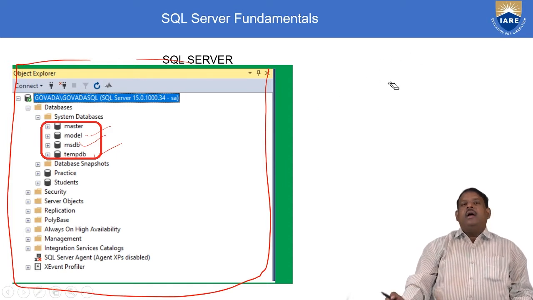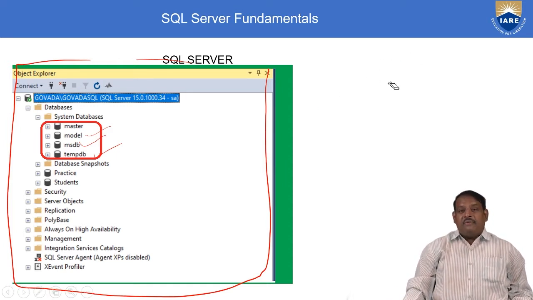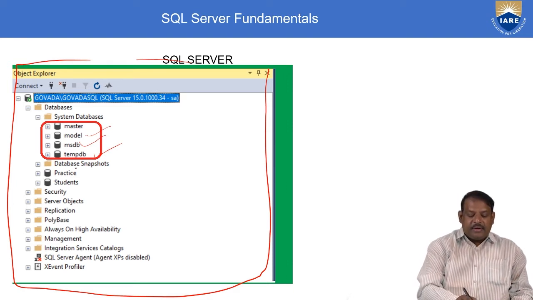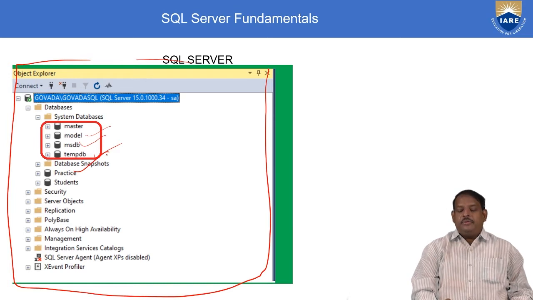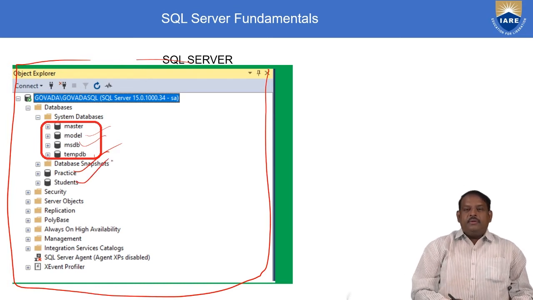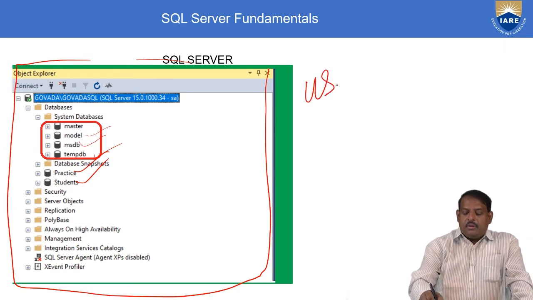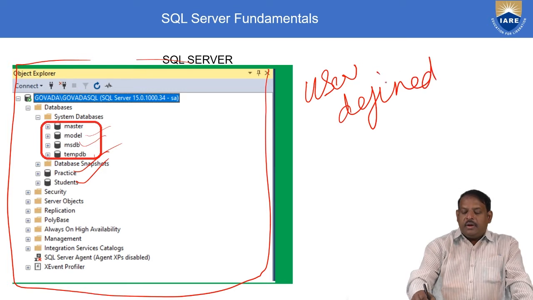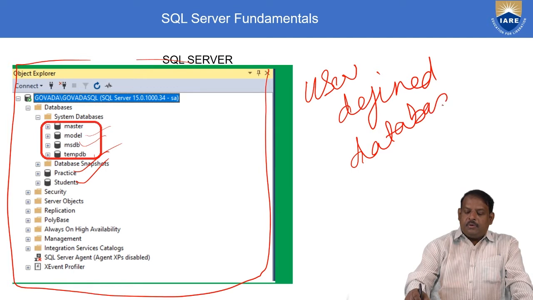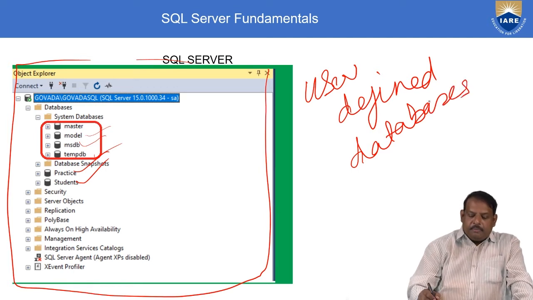After that, we have our user created databases. Practice is one database created by the user. The second database is student. So these are the user defined databases, which are practice and student.